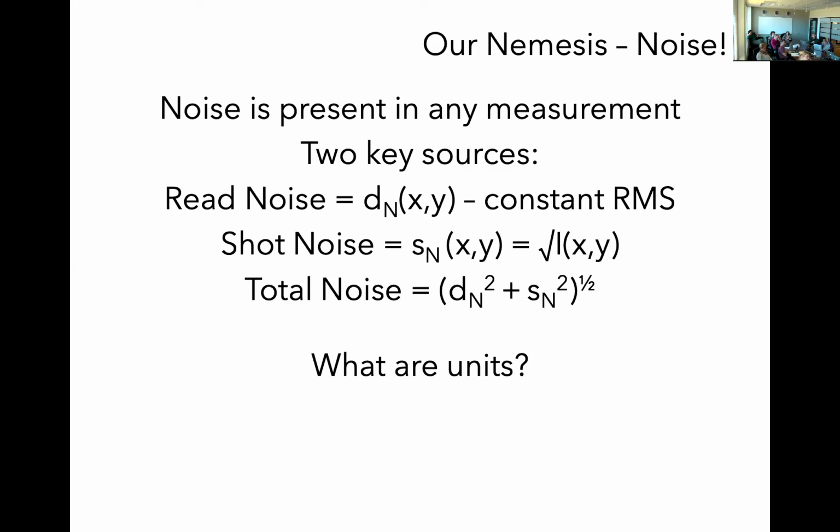So if I get fewer photons, my shot noise will be smaller, but its proportion with respect to the signal will be higher. If I collect more photons, that square root of the intensity brings the relative noise down. And then the total noise in my final image is just the quadratic sum of these two sources of uncorrelated noise.